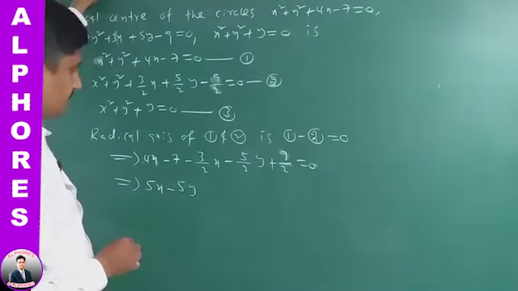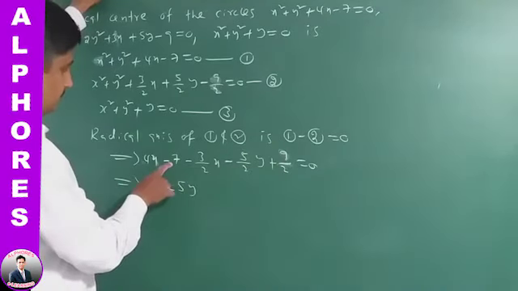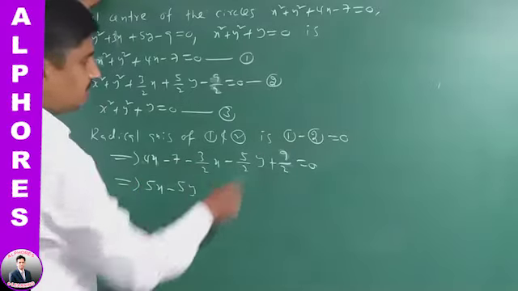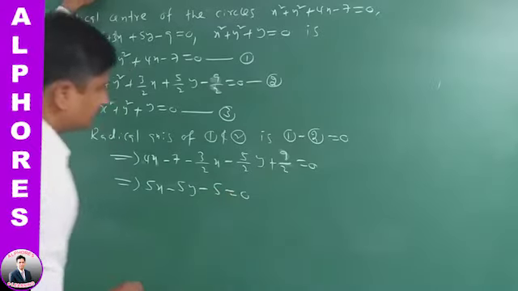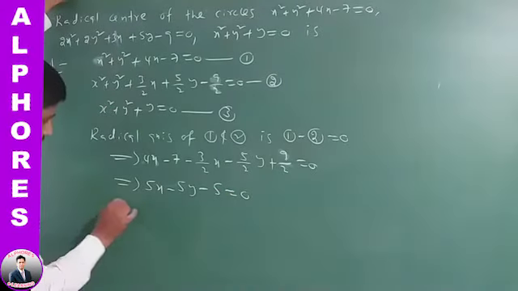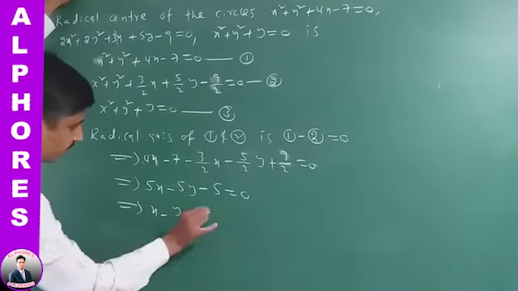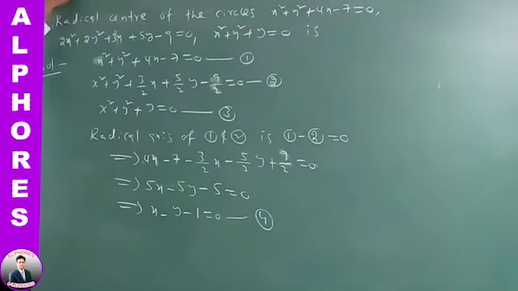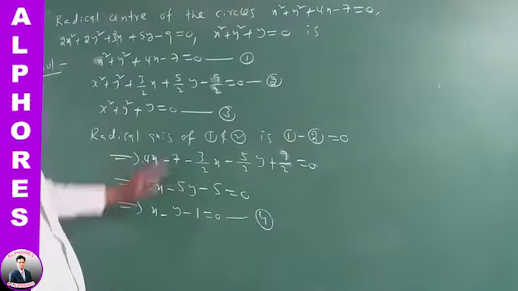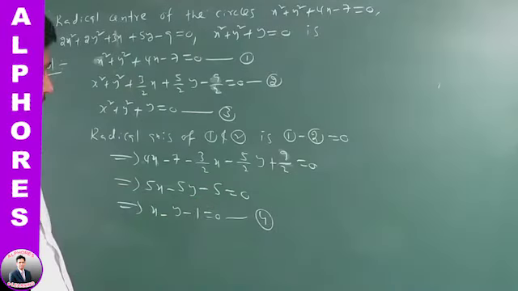Next, the constant: multiplying minus 7 gives minus 14, plus 9, it is minus 5, equal to 0. This implies x minus y minus 1 equal to 0, equation number 4. This is the radical axis of these two circles.